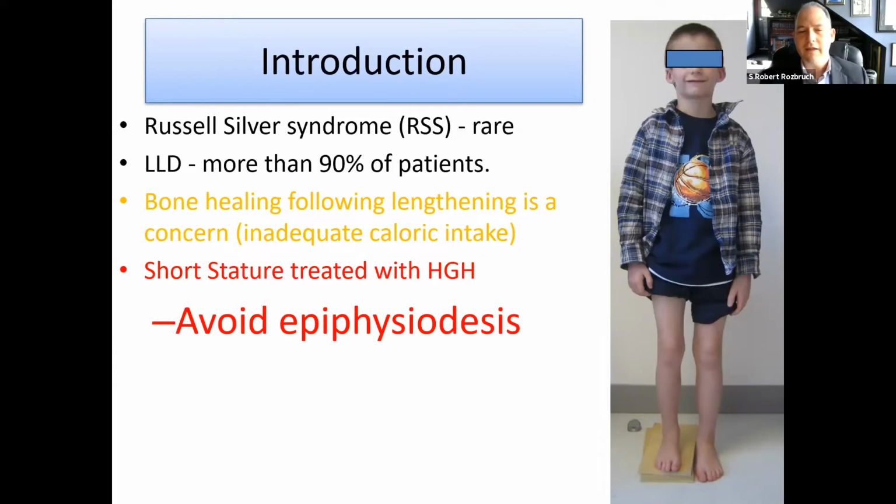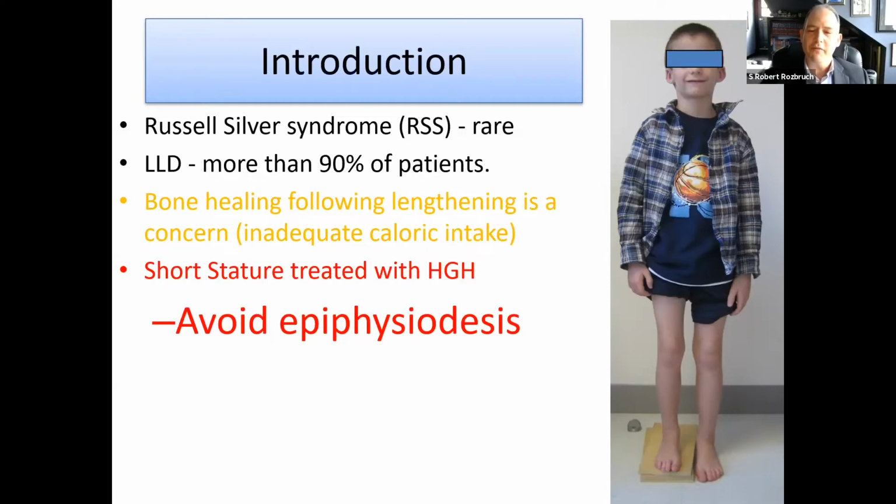The details of that treatment are beyond the scope of this lecture, but the main concept vis-a-vis leg length discrepancy is that this is a group of patients that is small in general starting, and they have short stature. The human growth hormone is used to help them develop more normally.